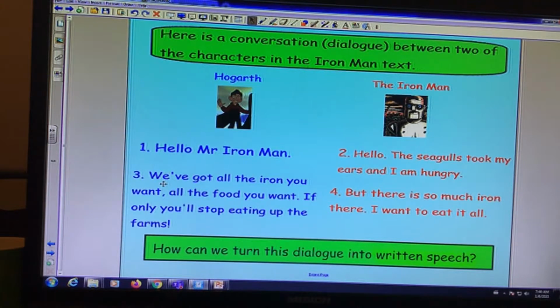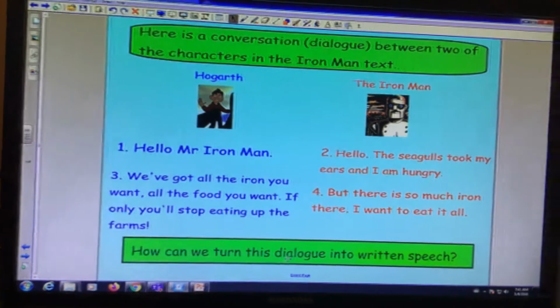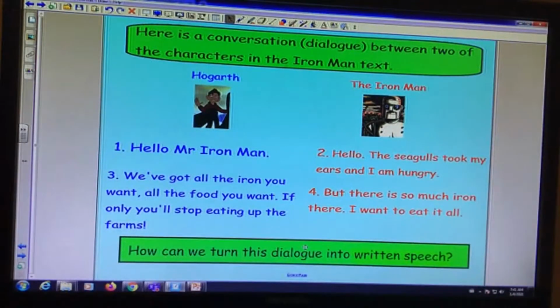And Hogarth says, "We've got all the iron you want, all the food you want, if only you'll stop eating up the farms." And the Iron Man: "But there is so much iron there, I want to eat it all." So we're going to look at how we can turn this dialogue, what's being spoken, into written speech, into what it would look like in a book if we were to read it, okay? What Ted Hughes would do.